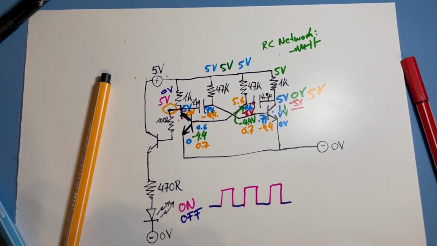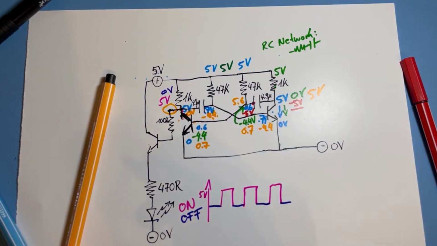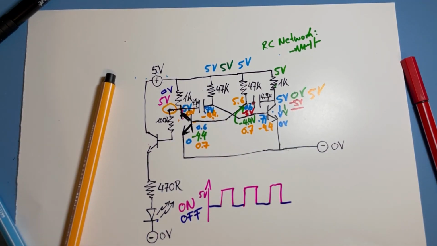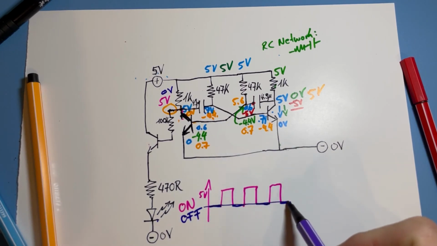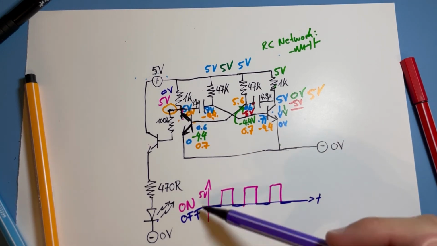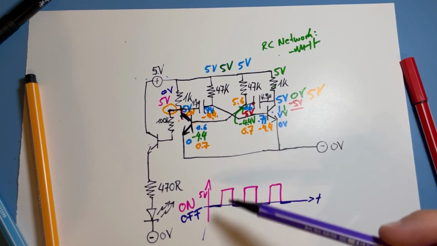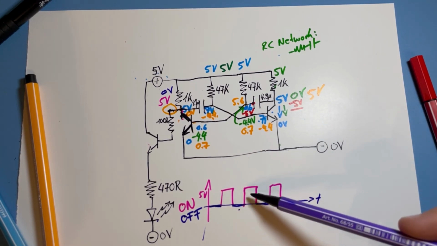And what you have built is, so this is the 5 volts level, and this is the time t. What you just built is an oscillation, a voltage that goes high, low, high, low.